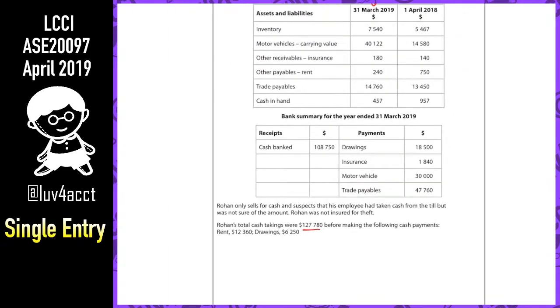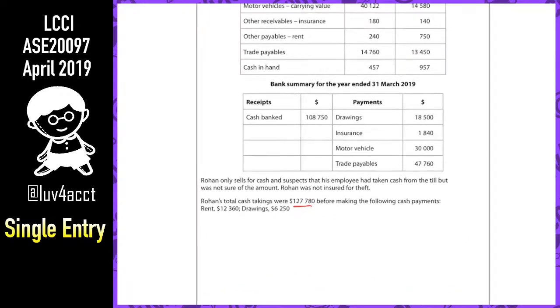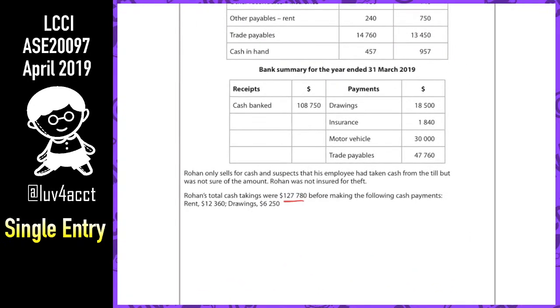I'm not going to go to the next page, so let us stick in here. If we want to know the amount of cash taken, then we have to use these things to help us. Should we use the opening and closing balance?